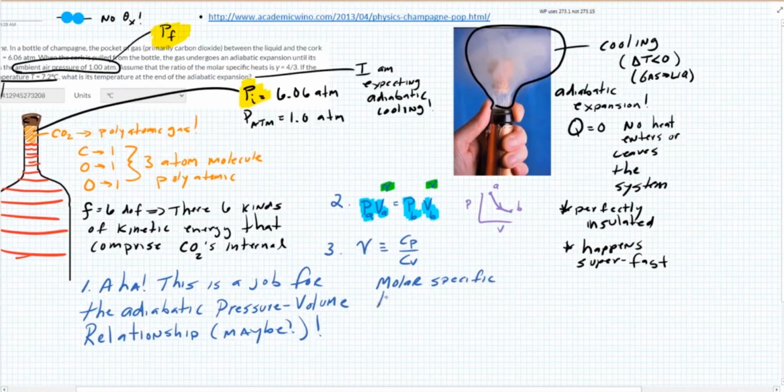The reason it exists is because the ratio of CP over CV occurs so often that we just gave it a name, like a Pascal. A Newton per square meter is just, it's easier to say Pascal. It's easier to say gamma than it is CP over CV.